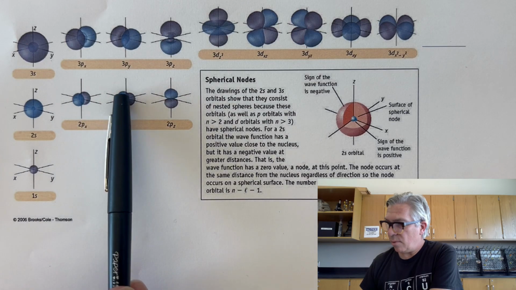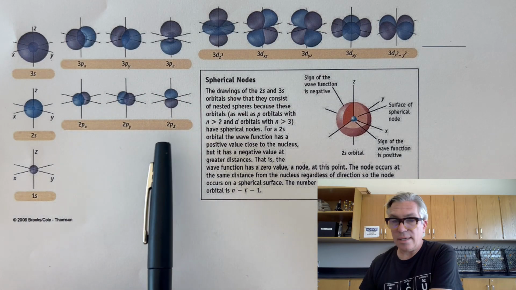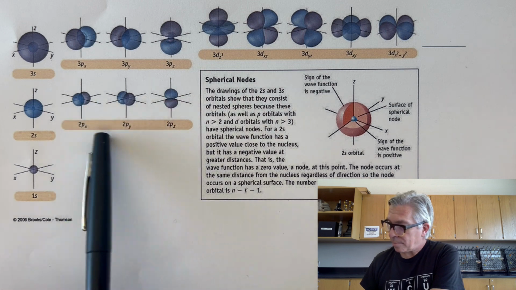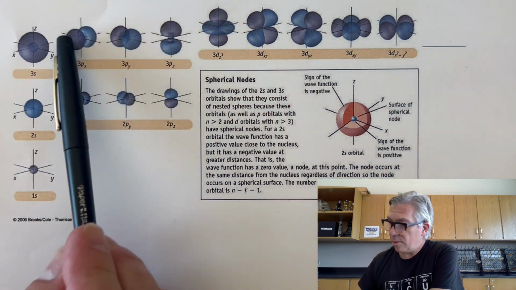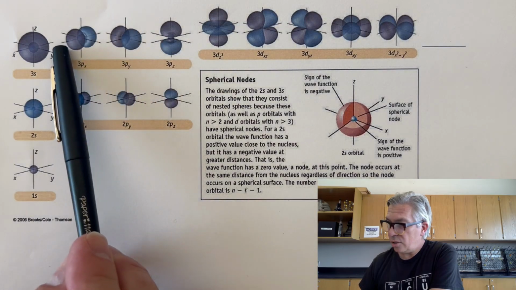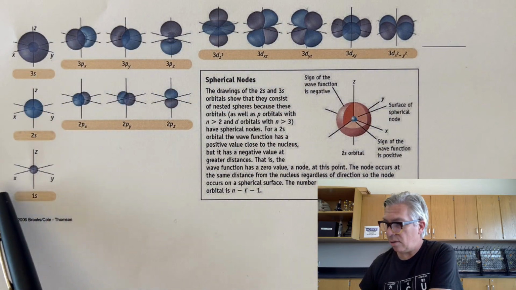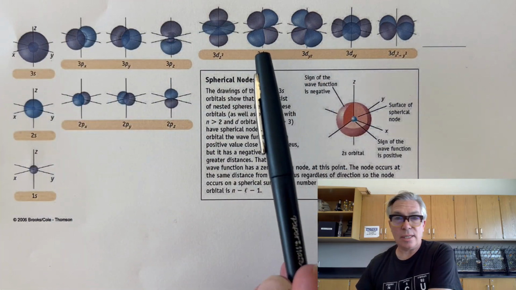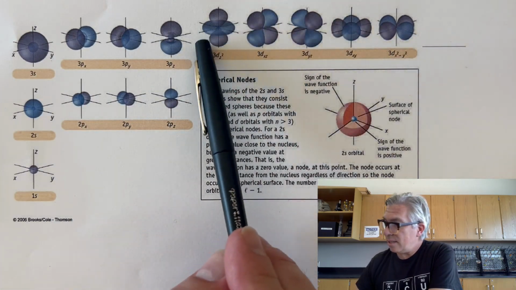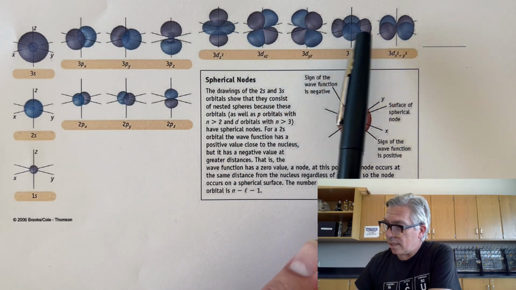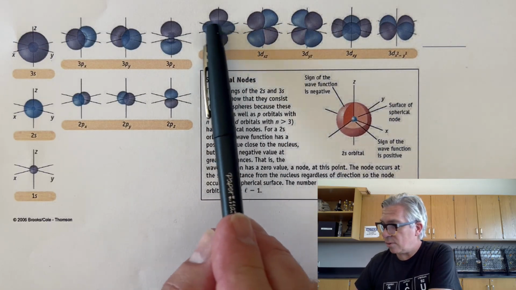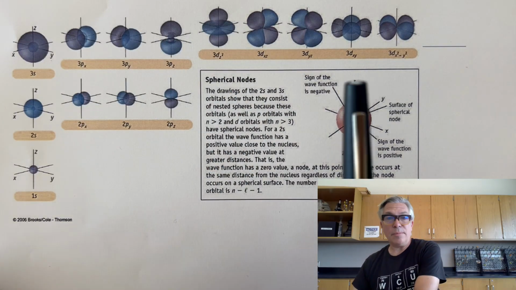And there's one this way, one that way, and one that way, x, y, and z axes inside the atom. So that's a group of 3 p orbitals. There's also a group of 3 p orbitals on the next energy level, which is the third energy level here. So each of these rows represents an energy level. The 3d's come next in a group of 5, and most of the time they look like four-leaf clovers, but this one's kind of weird looking with sort of a donut around the middle.